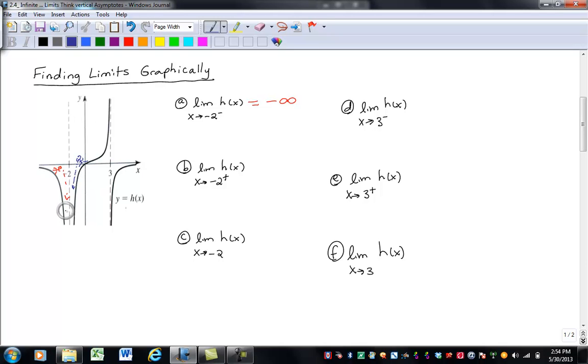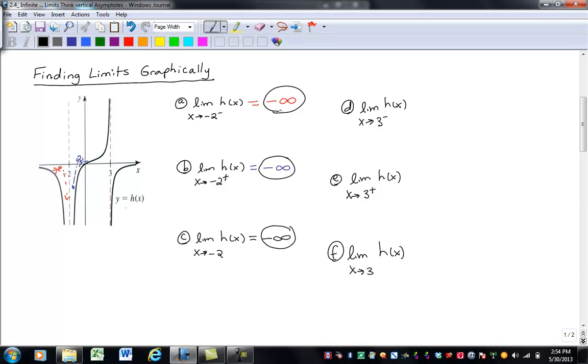Since I'm looking down, that y value goes to negative infinity. So the limit as x approaches negative 2 from the right is negative infinity as well. Since the left-hand and right-hand limits are equal to each other, I don't need to put that superscript plus or minus on there. The overall limit is negative infinity, since it's the same from both sides.